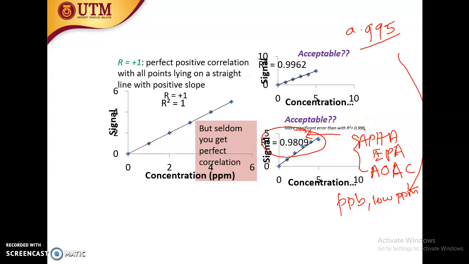Okay, so when you want to present your data in court next time, you may be challenged on why are you presenting a chemical analysis having 0.9809 as R square? Isn't it unacceptable?